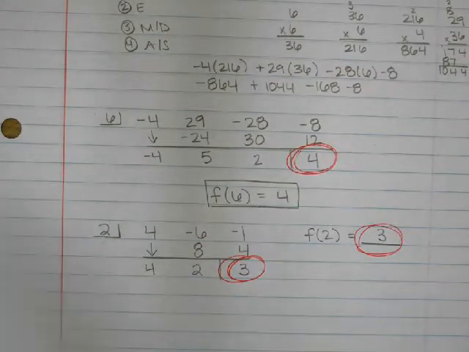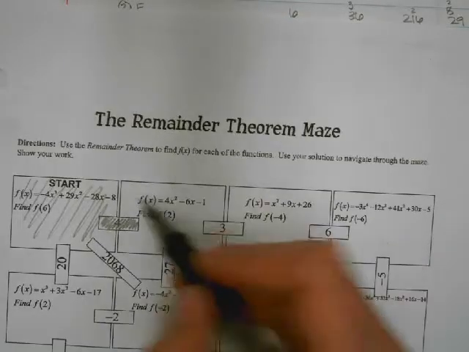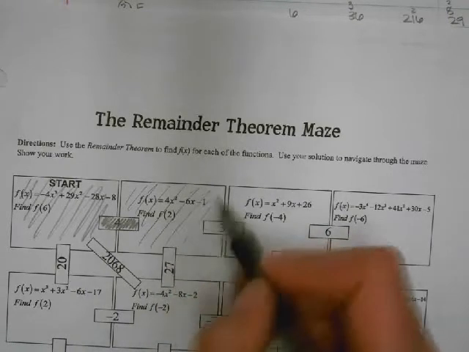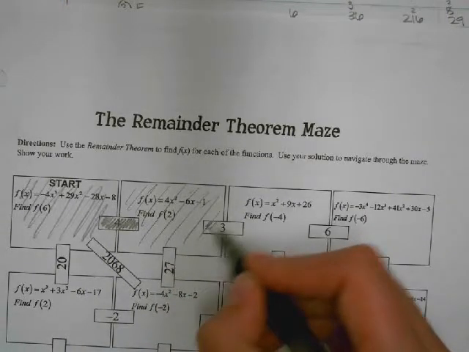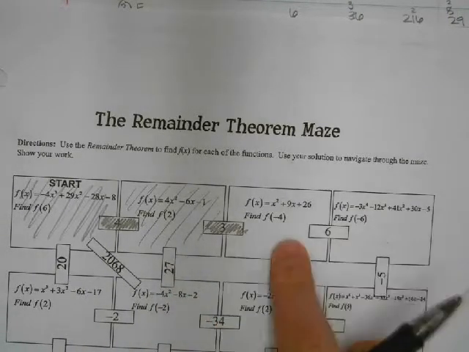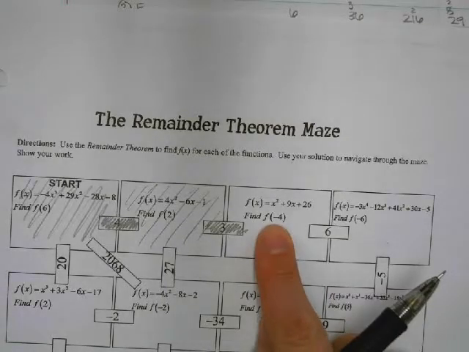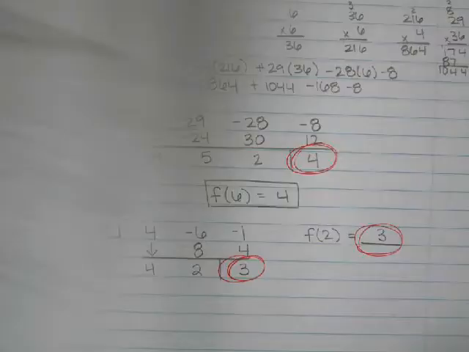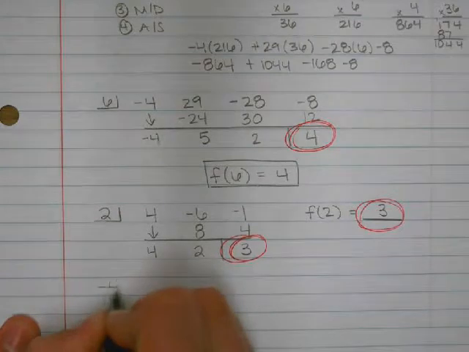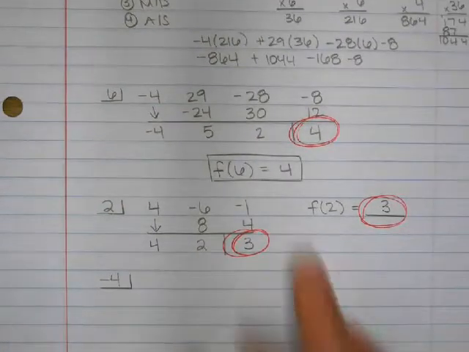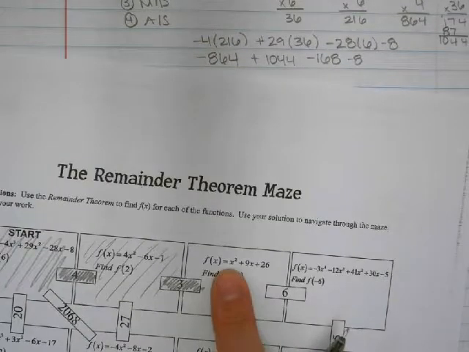So if we look at our sheet, this is the way we're working our way through our maze. Our next problem is to plug in negative 4 this time, and the problem we're doing is x squared plus 9x plus 26.